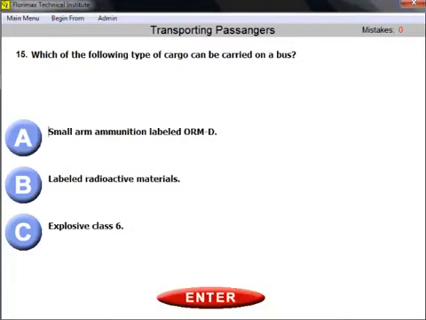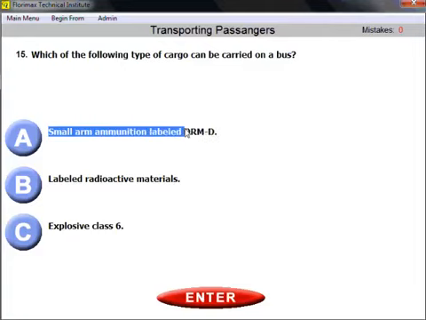Question number 15. Which of the following types of cargo can be carried on a bus? You're asked about the hazardous type of cargo. All right, hazardous material. So which one of the given choices could be carried on the bus? The only choice which is allowed to be transported on the bus is small arms ammunition.